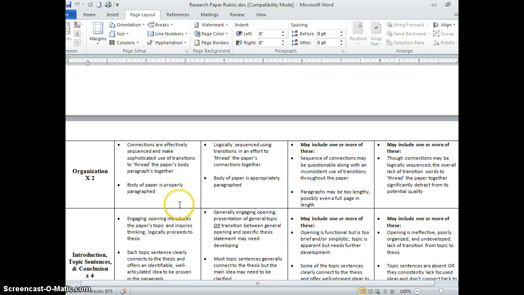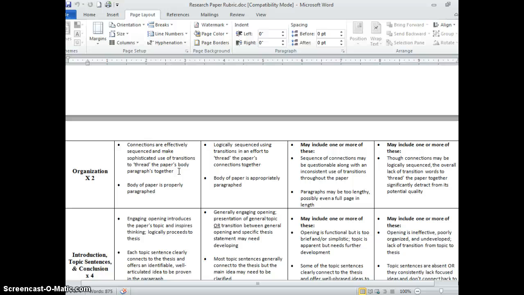Moving along to organization, I've tried to talk to some students in terms of have you organized your connections in the best possible manner, in the best possible sequence. Okay, so if you have that sequence done, then you will need transitions to thread the paper's body paragraphs together, and we talked about those last week, having these transitional sentences that relate back to the previous connection and lead forward to the new connection.